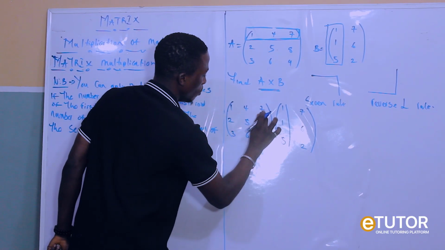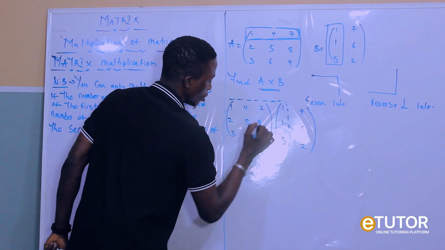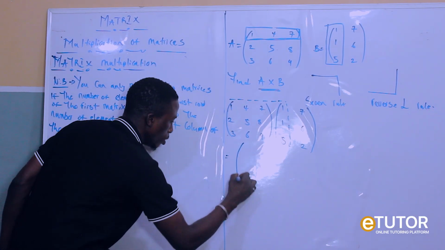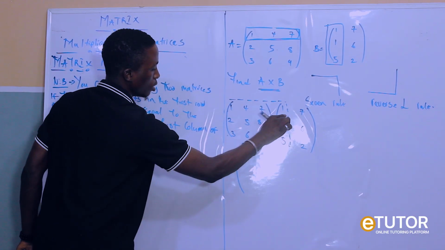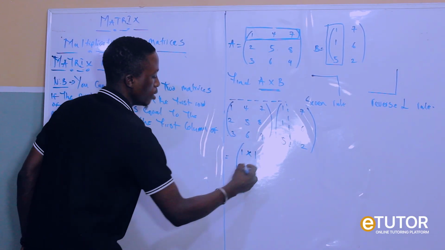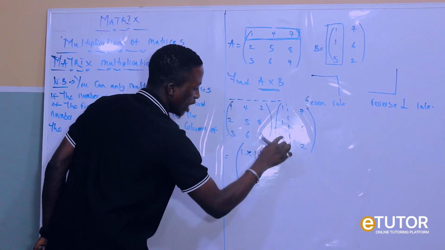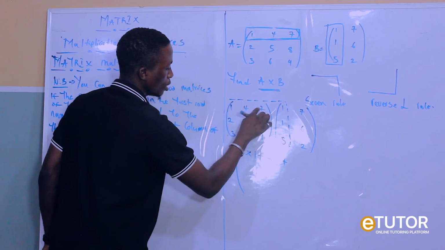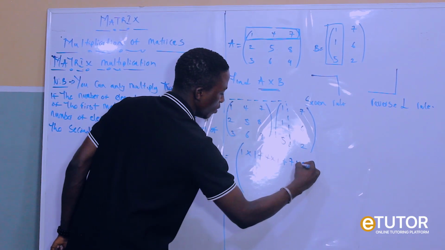For your better understanding, just draw a 7 like this, and you multiply. Let me show you how. You open the bracket. You have 1 times 1 plus 4 times the next element 1 plus 7 times the next element, 7 times 5.